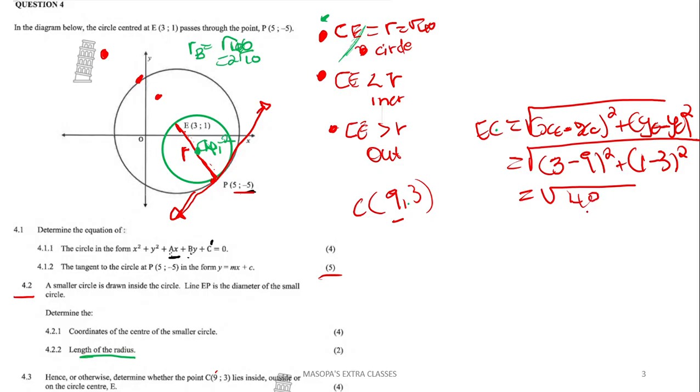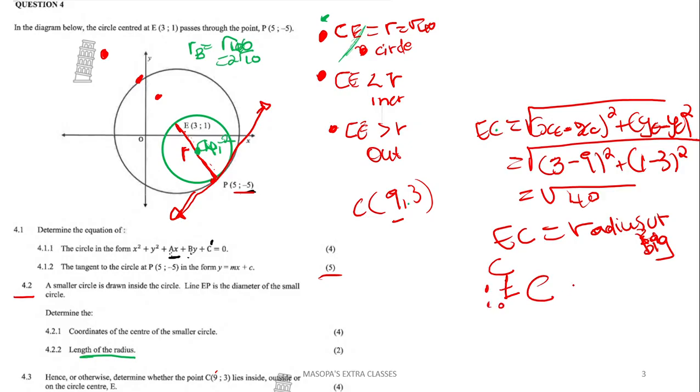So you can see that the distance between E and C equals the radius of our circle, the big circle, because we are dealing with the big circle here. Therefore, C lies on the circle.